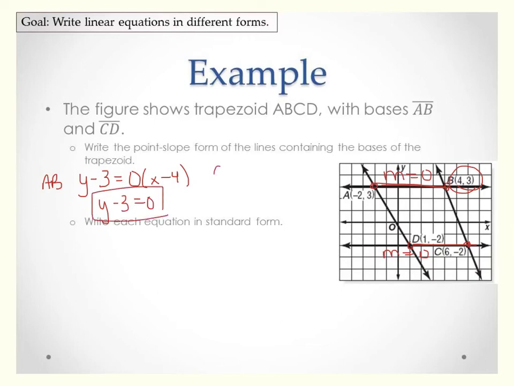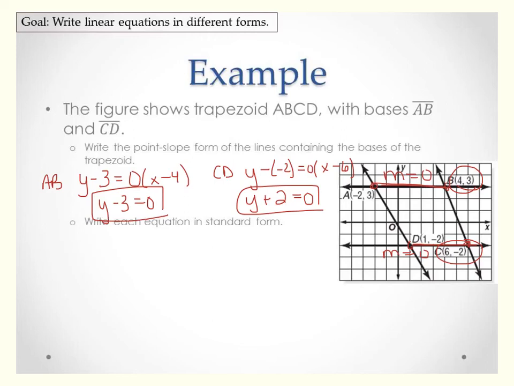And then for CD, it's going to be y minus, and again I need a point, so let me do this point. Y minus a -2 equals 0 times x minus 6. So this is going to be y plus 2 equals 0. So those are the equations in point slope form.